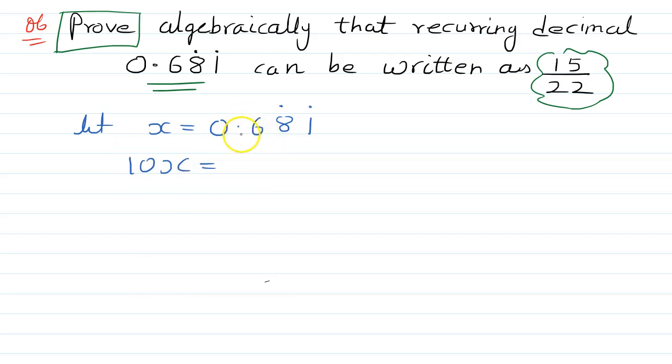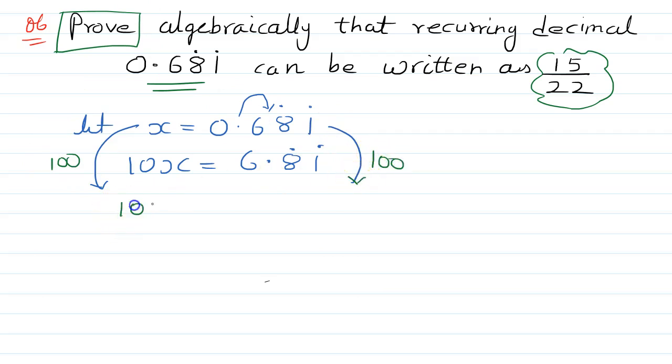Once we multiply by 10, the point moves this side, so it will be 6.81 recurring. Now let's multiply by 100, so I'm writing here 100 and 100. So it will be 100x and it will be 68.1 recurring.